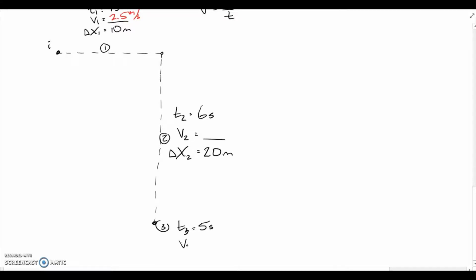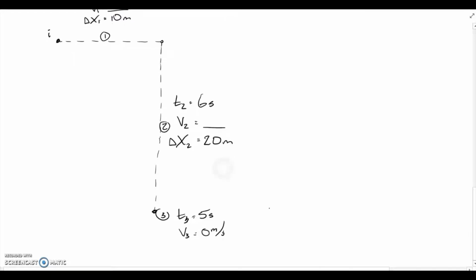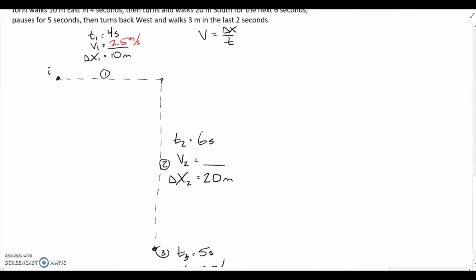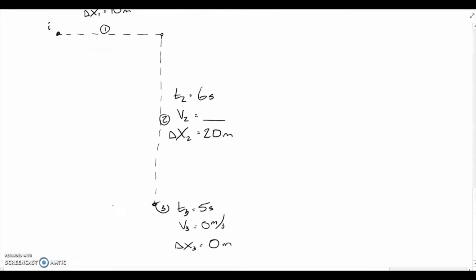And during that time, we're not traveling anywhere, and we are not changing our position. So we actually know all 3. And then the last thing, we walk west 3 meters, which is going to be right about to here, and that's where I'm finishing my trip, and we'll call this section 4.